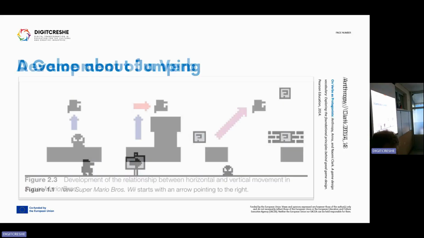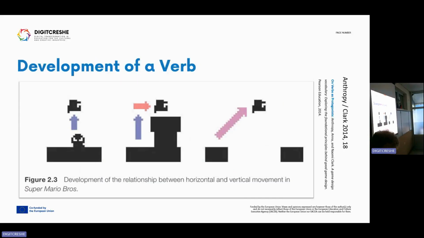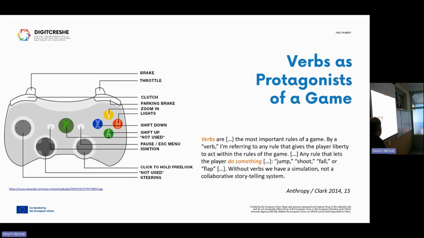So, just a little excursus here. I said there are two layers, two verbs, gameplay verbs. The actual input, press X, press B, and so on, and the meaning of the input, which is something else.